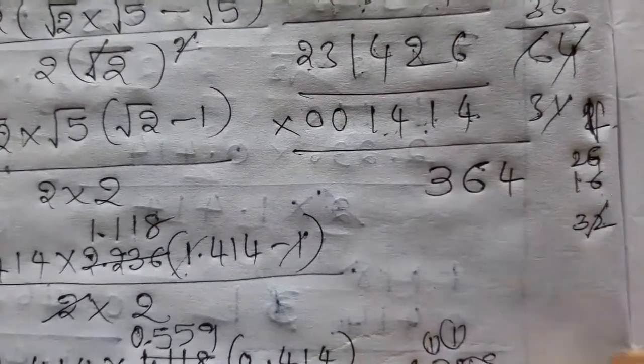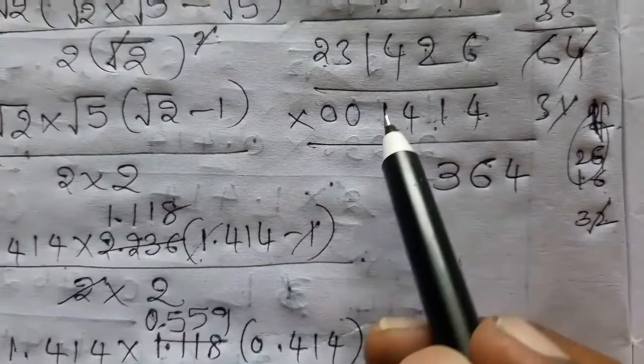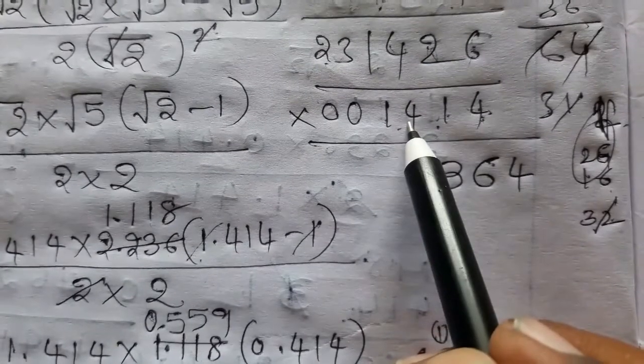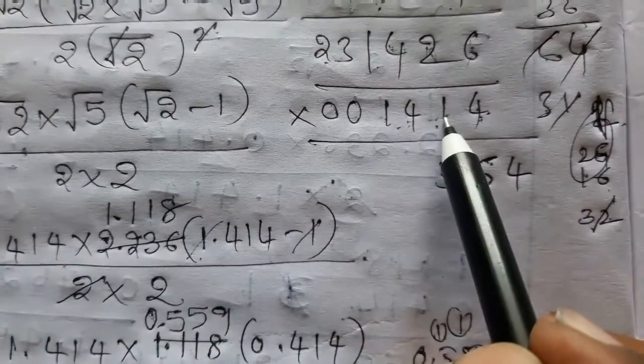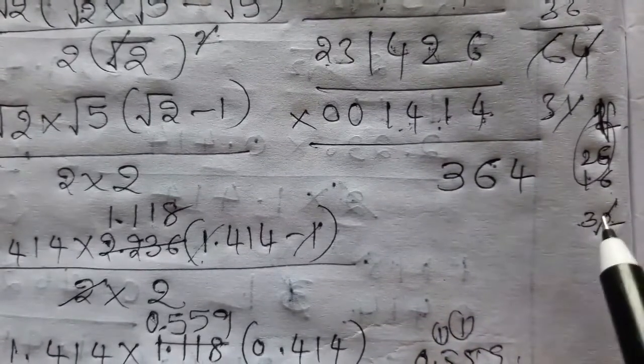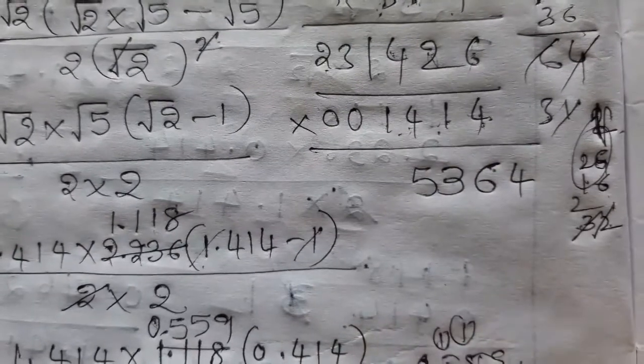So 3 is left. Now this into this: 1 6 is 6, 1 4 is 4, 10, 2 4s are 8, 18, 1 4 is 4, 22, 3, 25. So 2 is left, 5 is here.